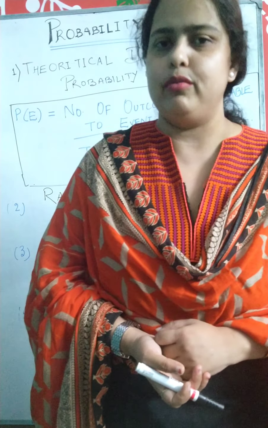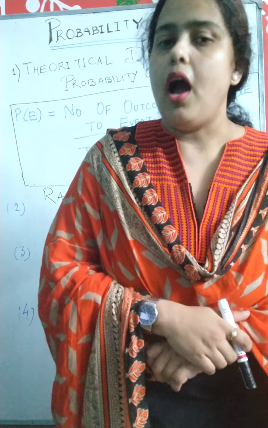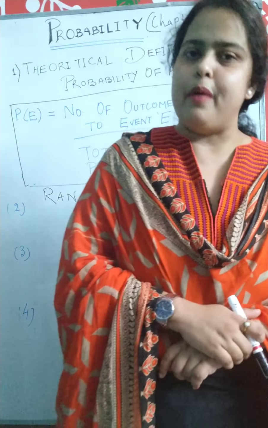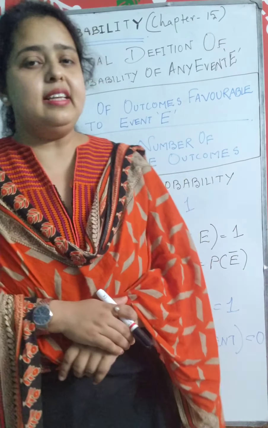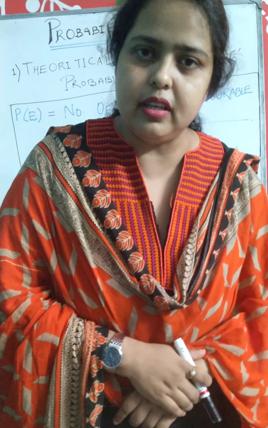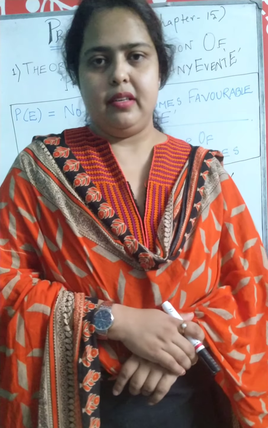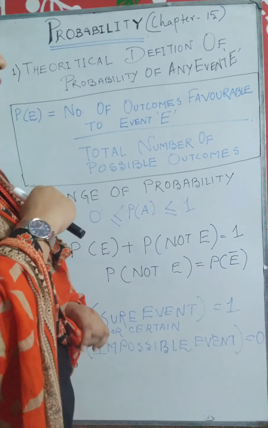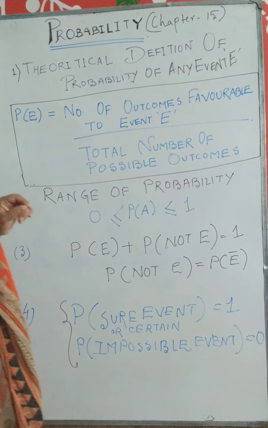We are going to study how to measure the probability of occurrence of any event E associated with a random experiment. There is a random experiment and I'm interested here in finding out the probability of that particular event.